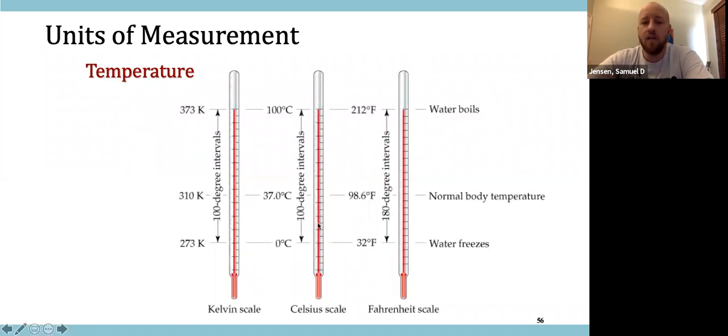And the scale difference is the same for both of these. An increase of 10 degrees Celsius is also an increase of 10 degrees Kelvin. We already know that a 10-degree increase in Celsius is not a 10-degree change in Fahrenheit, but for Celsius and Kelvin it's the same degree size. We're just adding 273 or subtracting 273.